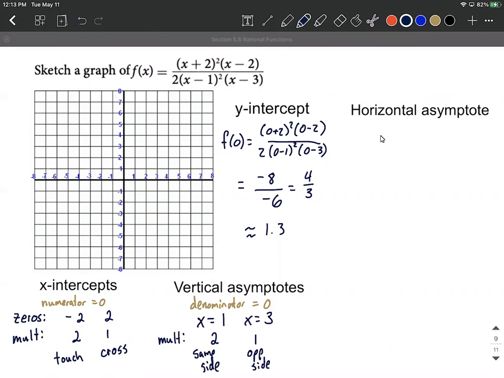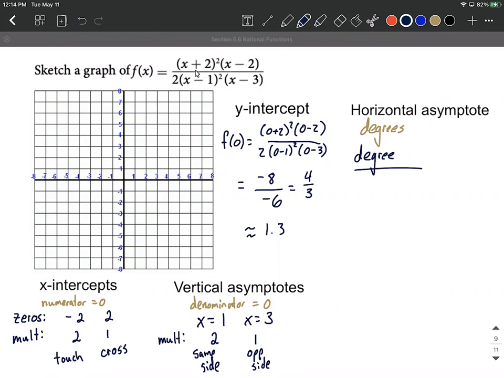All right, finally, let's collect the information about the horizontal asymptote if we have one. How we get this is we compare degrees of the numerator and denominator. For our numerator, we locate the degree by adding together the multiplicities.